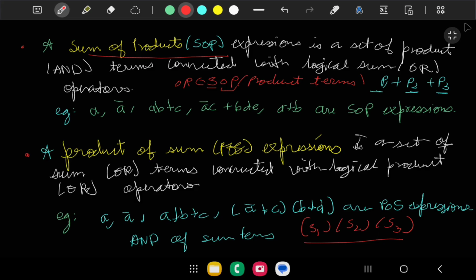Okay. So here this is sum and these are products. So this is sum of products. Over here, see, this is a product of sum expression. POS. Right?